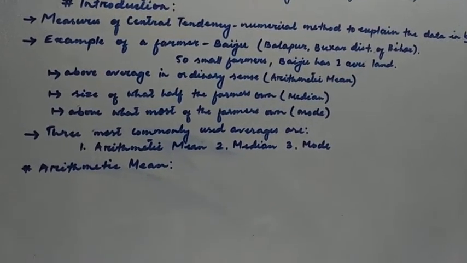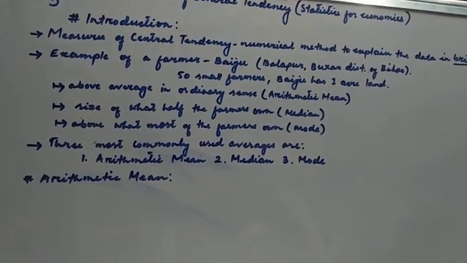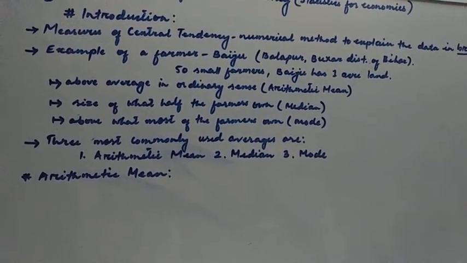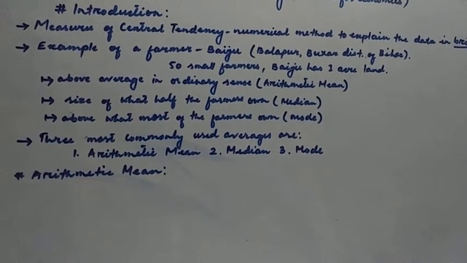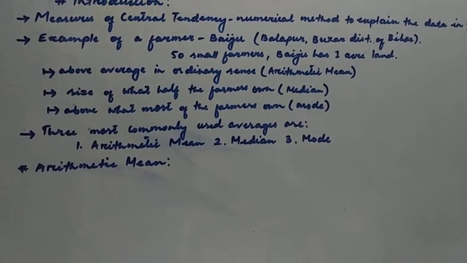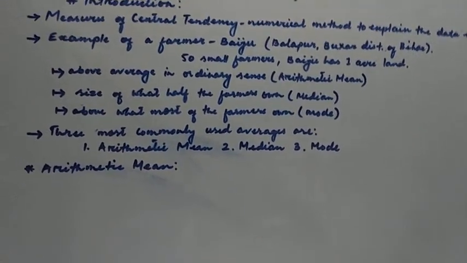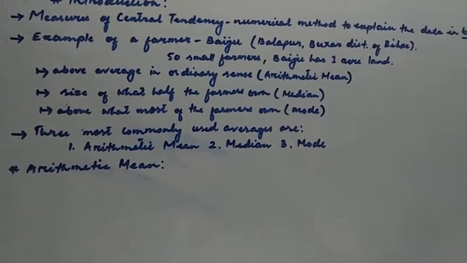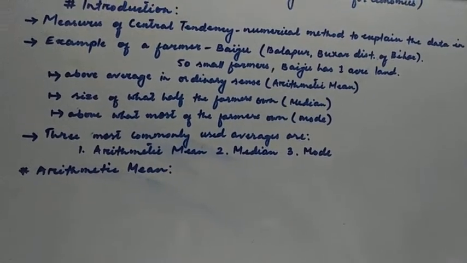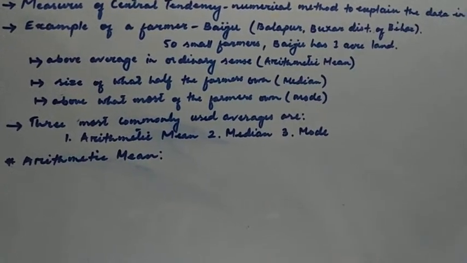So for this, to compare the economic condition of Baizu and all the other small farmers in that village, you may have to evaluate the size of his land holding, that is, how much land Baizu owns in that particular village. And you will also be comparing the size of land holdings of other farmers of that village.